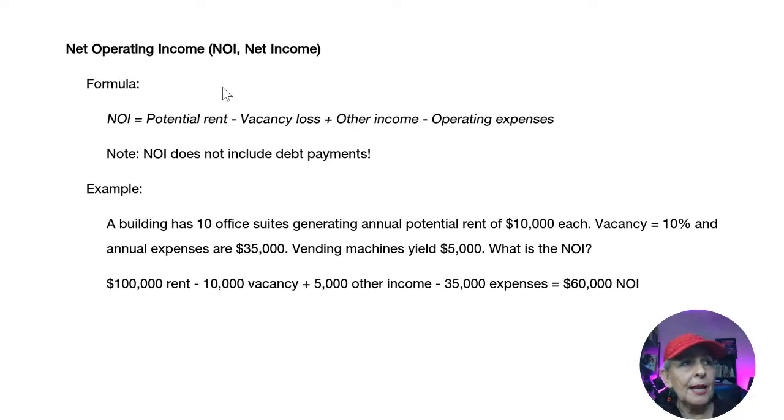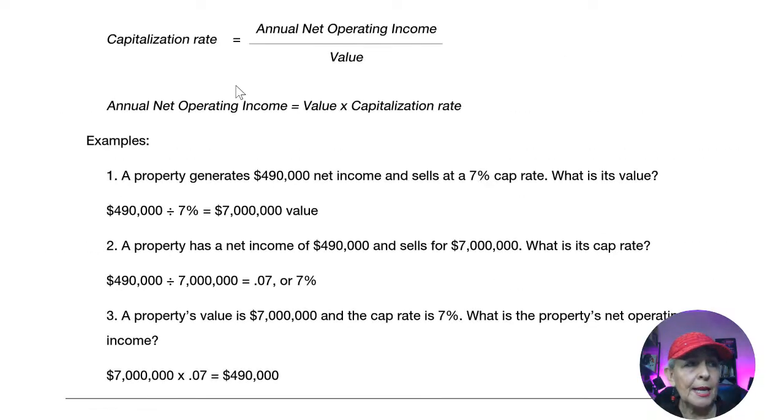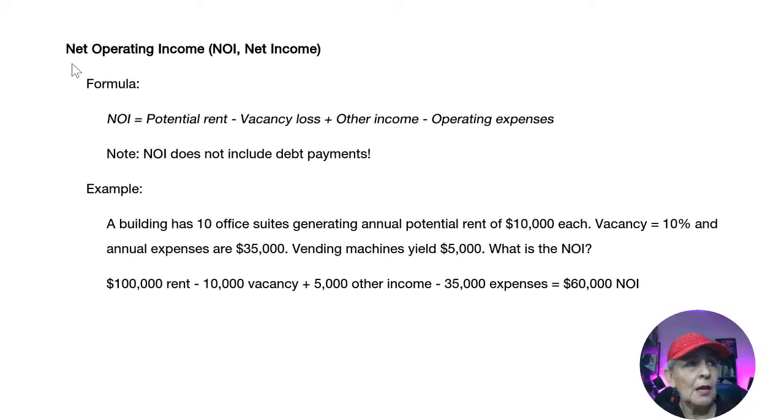Okay, net operating income, NOI. That's the acronym. So here was annual net operating income. And so here is net operating income, NOI, net income. That's after expenses from the gross income. So formula, NOI, net operating income, equals potential rent minus any vacancy loss, if they have any vacancies of apartments, plus other income.